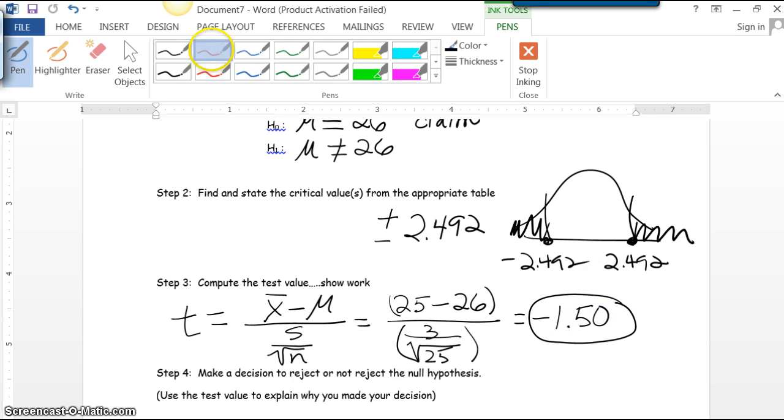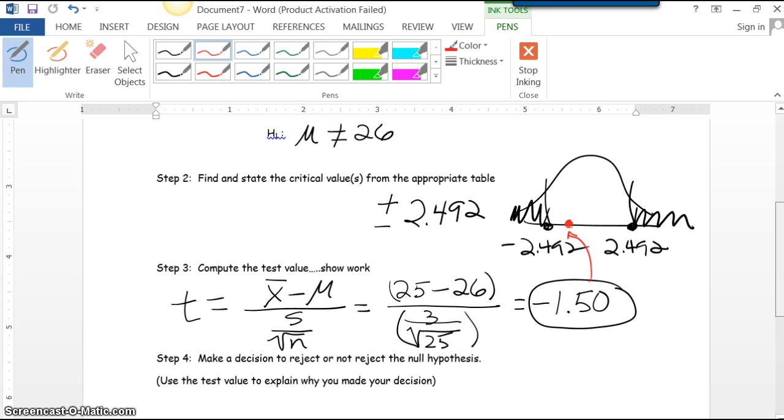Then to complete the next step, you look where this test value is on this picture. It's right up here. It's in a non-critical region. These tails are the critical regions. It's in a non-critical region. It's in the center part. And so you do not reject.